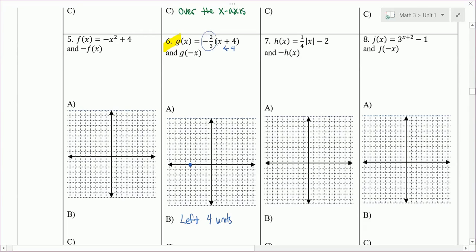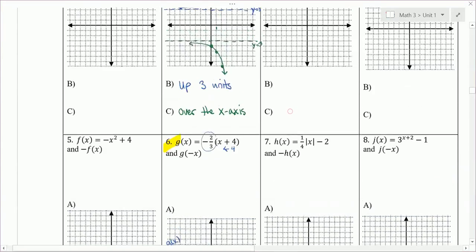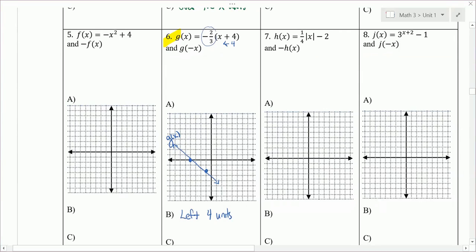So from that point, I'm going to go down 2, right 3. That gives me a negative slope and I got my line that's g of x. If you wanted, you could pick a point and come up with another point like we've done in previous worksheets. But this is a nice quick way to get 2 points. If we want a third point, we can continue that pattern. I can go up 2, left 3.